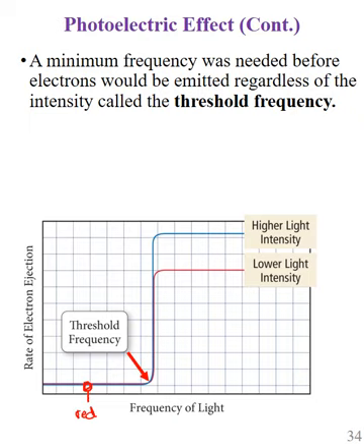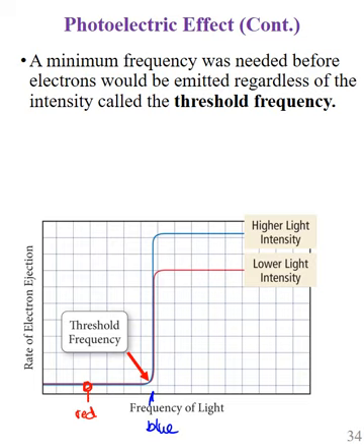Okay, and anything below this red light, they also noticed nothing would happen. No electrons would be ejected. But then when they got to this blue light, blue has a higher frequency than red, then electrons would be ejected. Now, there are going to be 2 different areas.